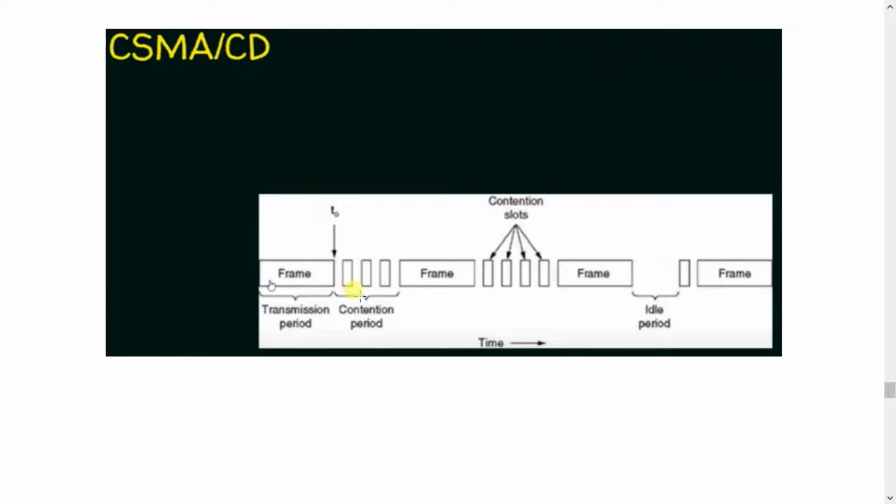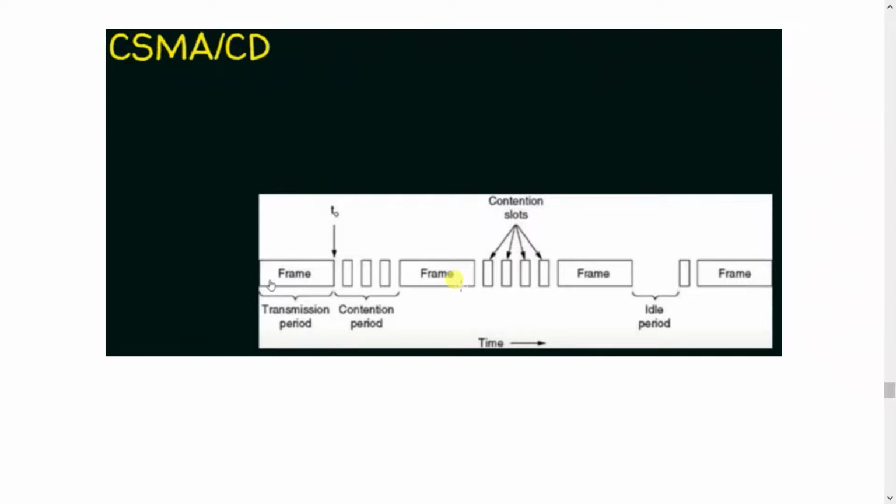The node that senses the channel first and finds it to be idle starts transmitting and makes the channel busy, so that all the other nodes back off. Once one of the nodes gets permission from the channel that it can transmit now, it sends its data.